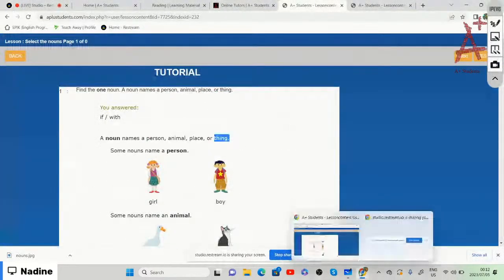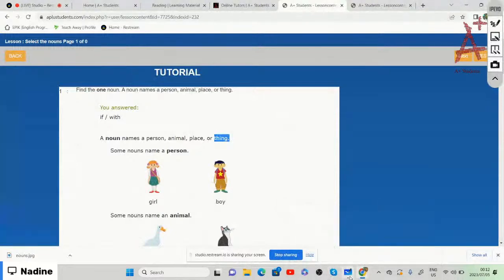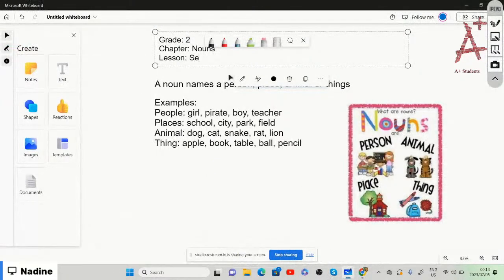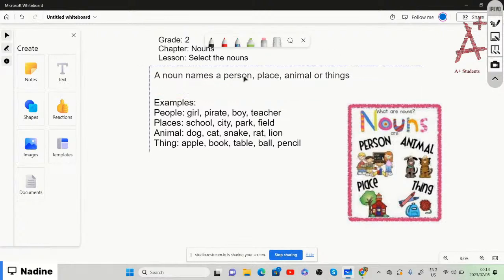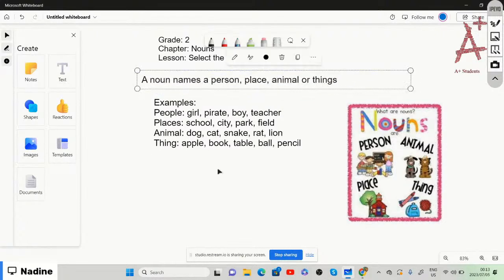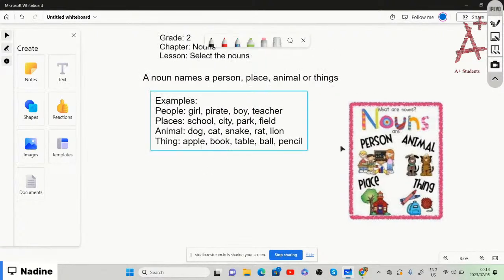So remember we are selecting nouns. If we go back to this page, it says a noun names a person, a place, an animal, or a thing, right? So that is a noun. And here it shows that nouns are persons, and there you see lots of kids, right?